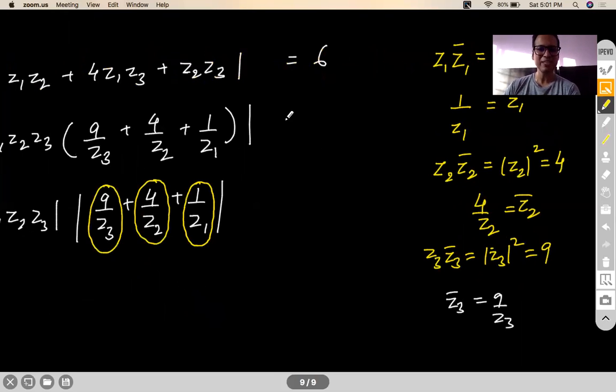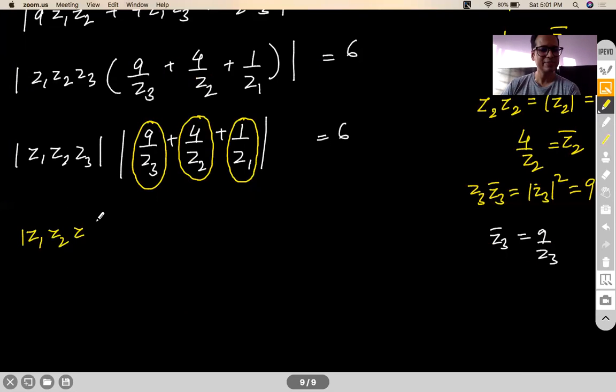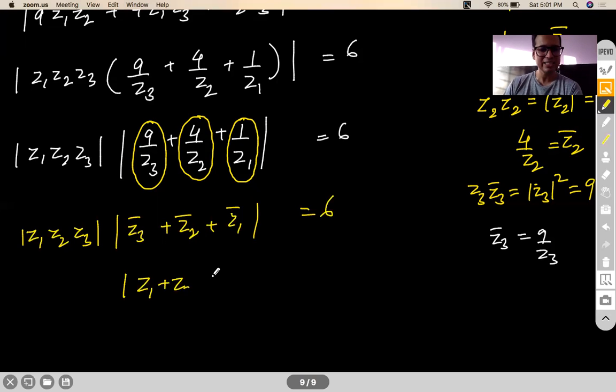In other words, what you have written is nothing but mod of Z1, Z2, Z3, where this guy is Z3 conjugate, this guy is Z2 conjugate, this guy is Z1 conjugate, right? And we can also club all the conjugates under one roof and write it like this, correct? And this I can again break up as Z1 conjugate, Z2 conjugate, Z3 conjugate, correct?